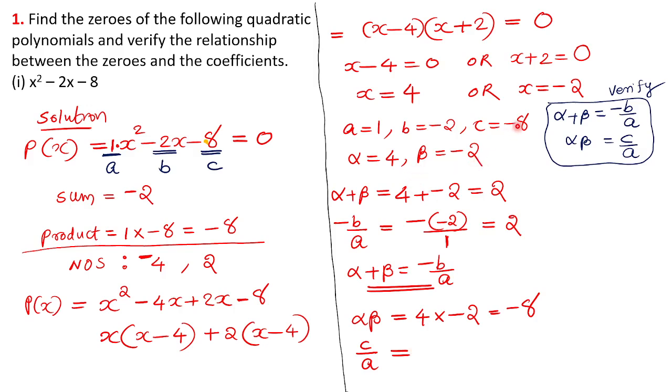C is minus 8 and a is 1. Minus 8. Clear? So alpha beta is minus 8, c by a also minus 8. So alpha beta also equal to c by a.